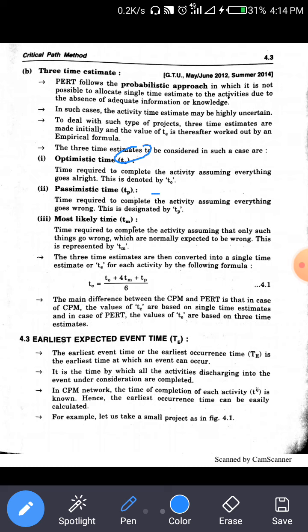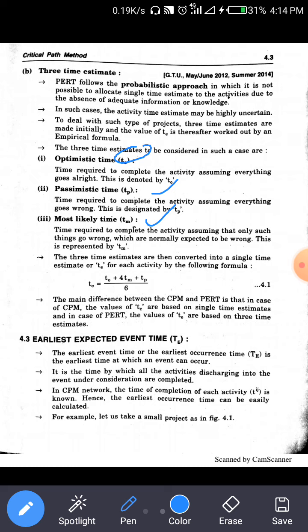Second is the pessimistic time, the time required to complete the activity assuming that everything goes wrong. This is denoted by TP. TM is the most likely time, the time required to complete the activity assuming that only those things go wrong which are normally expected to go wrong, and this is represented by TM.